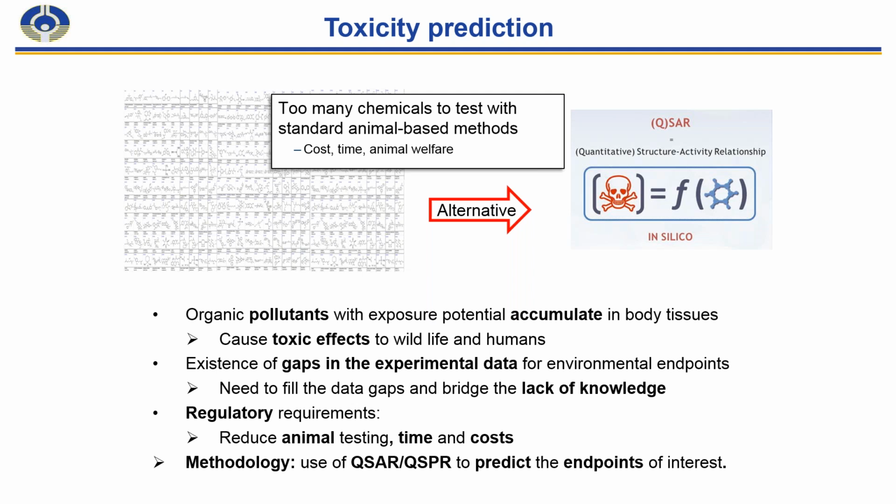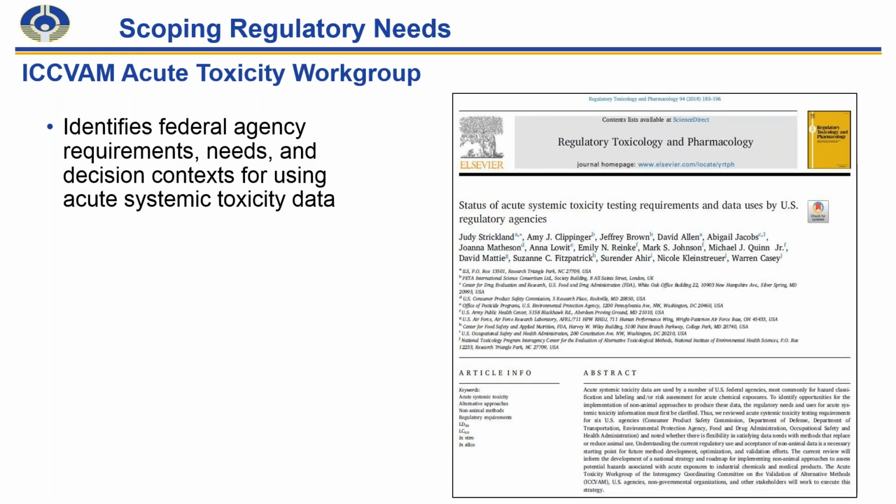And so that leads us down this path of asking whether or not we can build predictive models that will relate the structures of those chemicals, so their molecular features or their physicochemical properties, to a toxicity endpoint. In this case, the toxicity endpoint that we're interested in is acute systemic toxicity, in particular via the oral exposure route. So we did this project through the auspices of the ICCVAM Acute Toxicity Work Group.